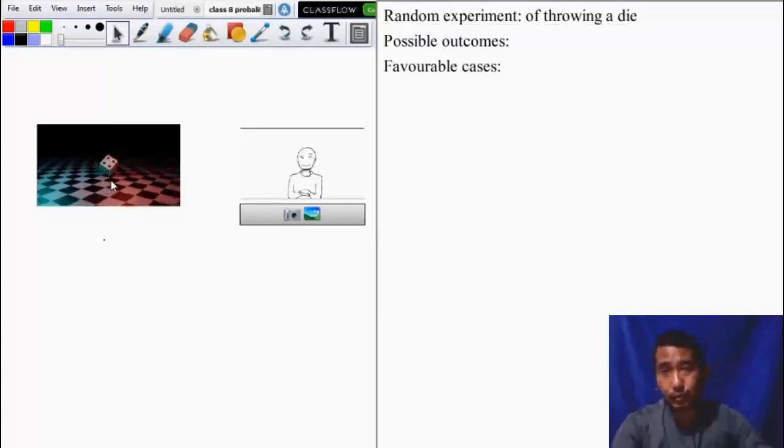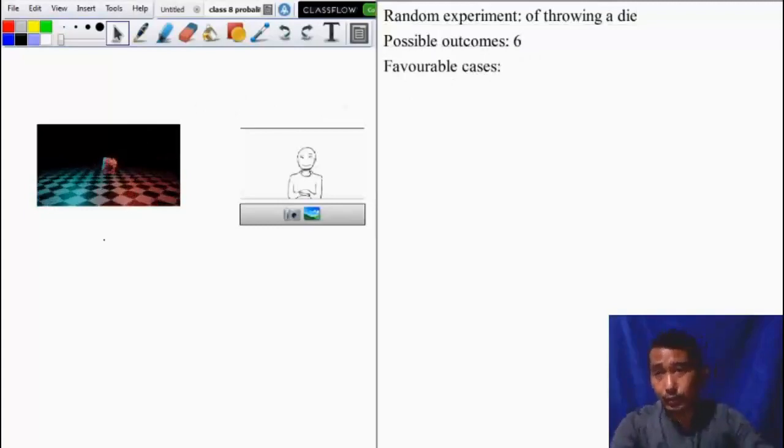So all the numbers which can come out, if we count, then we have 6 possible outcomes. So possible outcomes for the first case, that is throwing of a die, is 6.